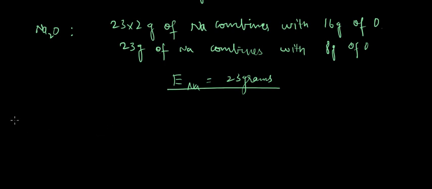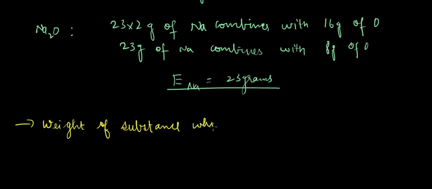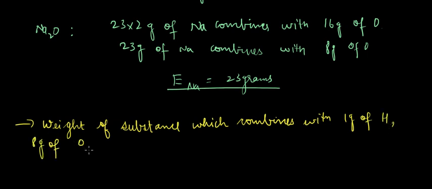So just a note here before seeing more examples: what is the equivalent weight? Equivalent weight is the weight of a substance which combines with 1 gram of hydrogen, 8 grams of oxygen and 35.5 grams of chlorine.